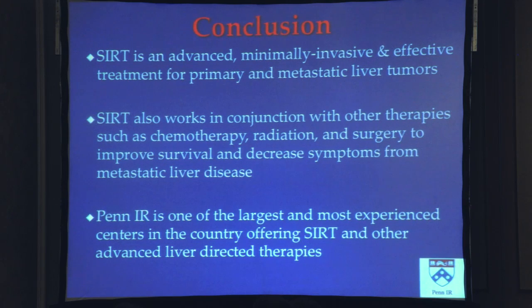So in conclusion, radioembolization is really an advanced, minimally invasive therapy for primary and metastatic tumors. The main FDA indication for radioembolization right now is for primary liver cancer, which is hepatocellular carcinoma, as well as for metastatic colon cancer.